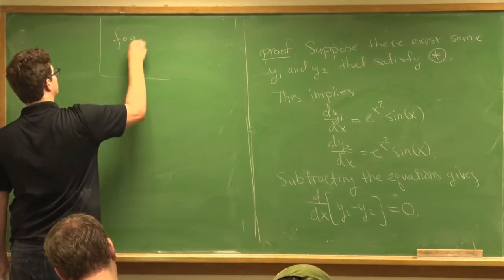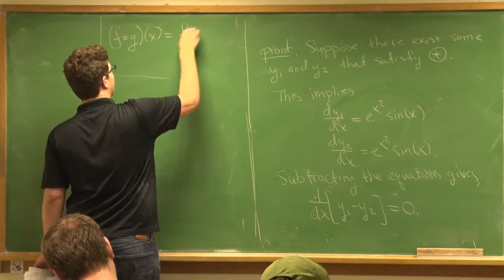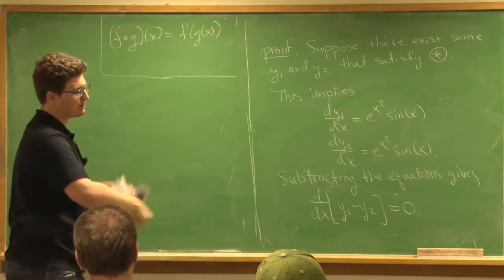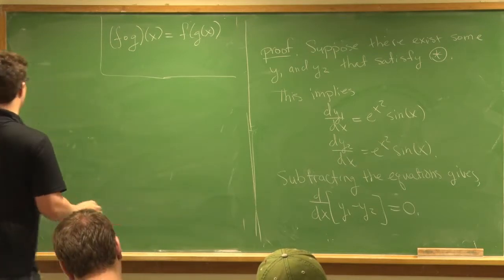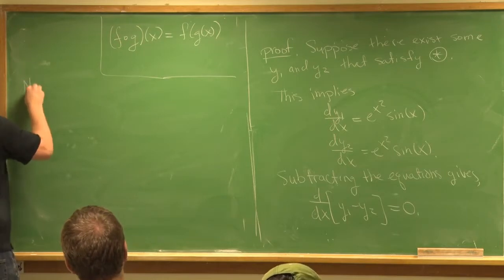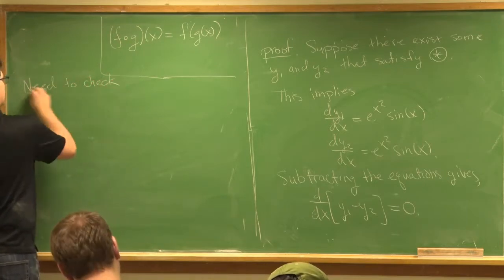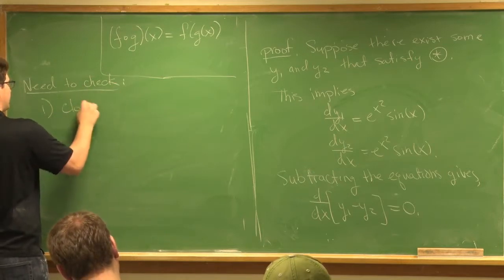F composed with g of x is equal to f of g of x. That's all that I mean. Okay? So like we can take those functions, then we can plug them into each other. And that'll give us a group operation. Okay? So you need to check the following, right? One, the closure under composition.